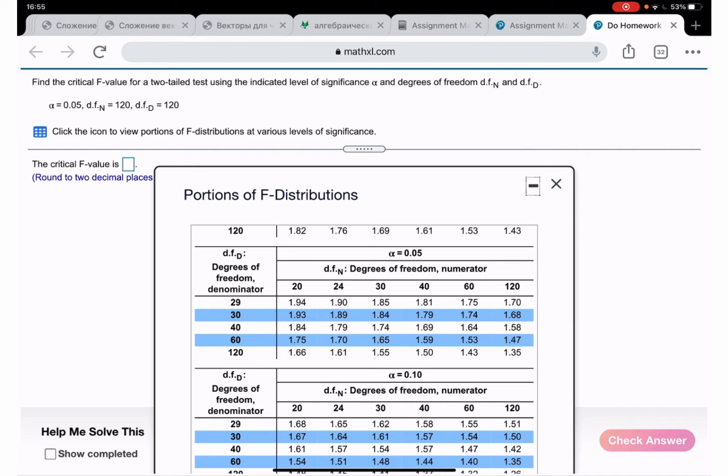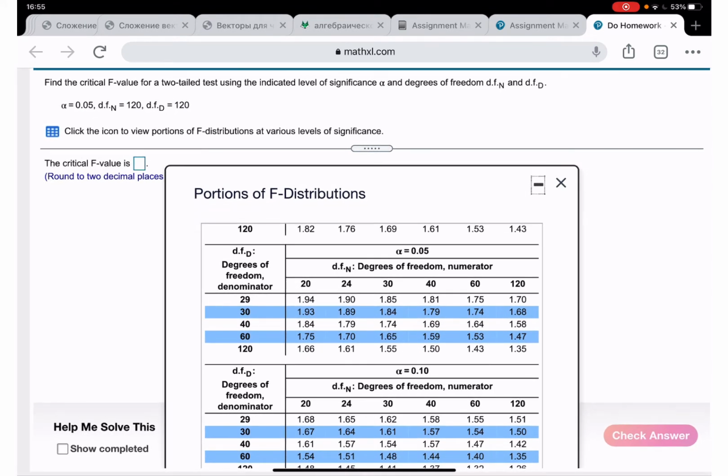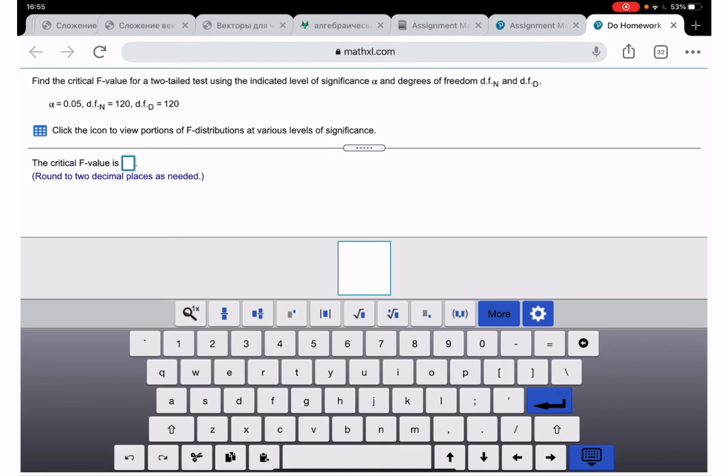So it's going to be 120, 120, and it's going to be 1.35. Both of them are 120, 1.35. Let's type it in.